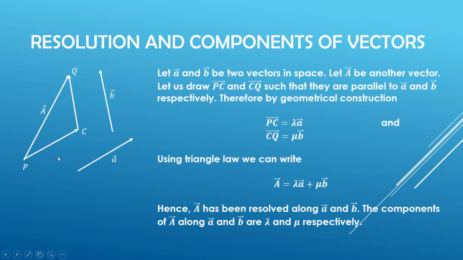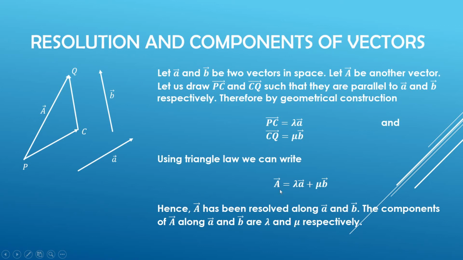And what are PC vector and CQ vector? Lambda times a vector plus mu times b vector. Therefore, we can say that this A vector has been resolved along small a vector and b vector.